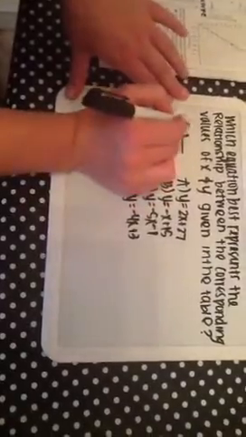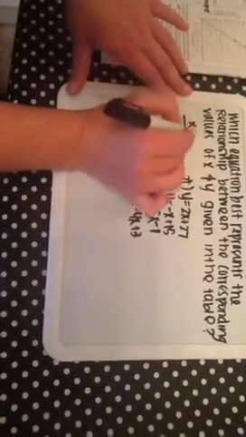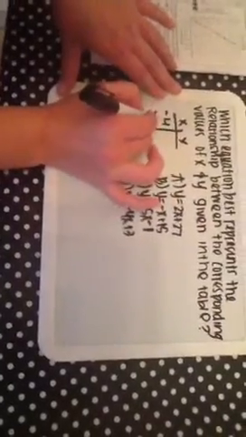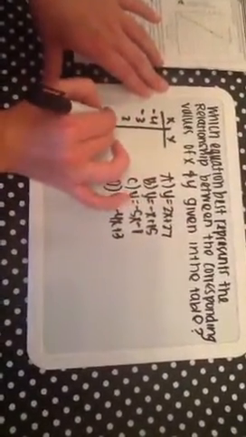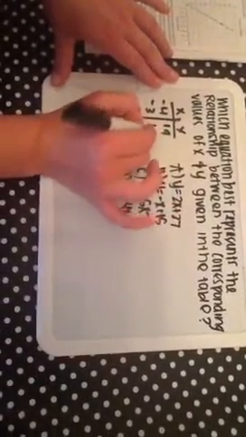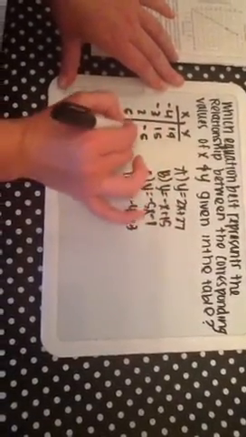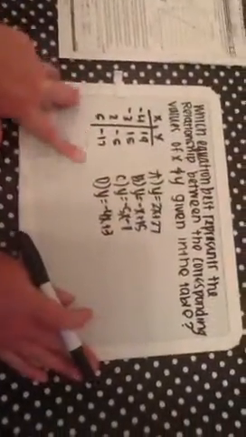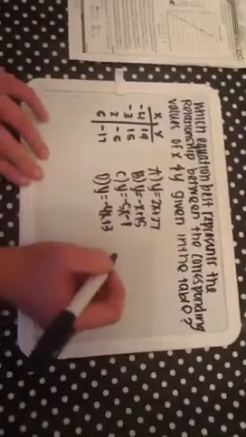Sorry, I didn't already have it written on the board. So we have -4, -3, 2, and 5. And our y values are 19, 15, -5, and -17. Okay, so those are our points.